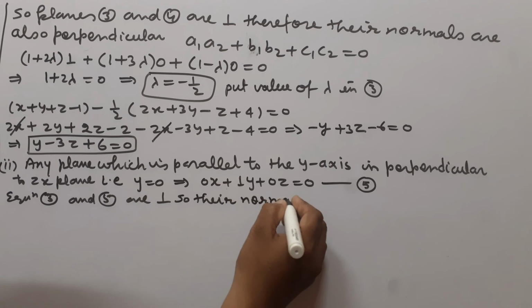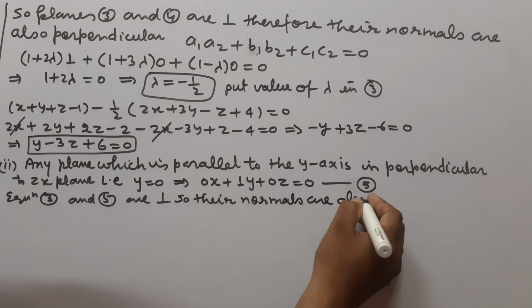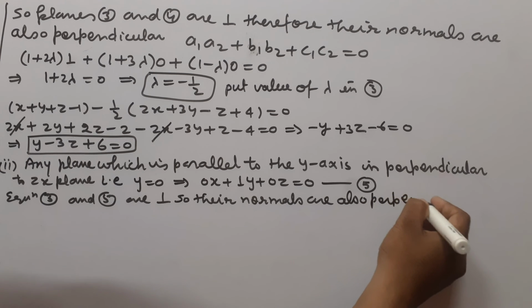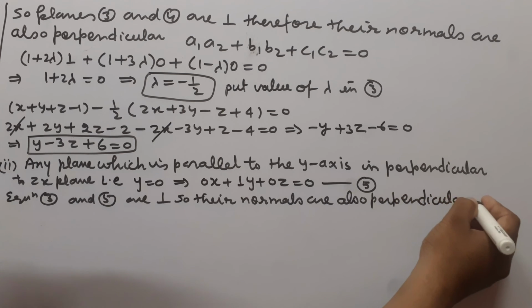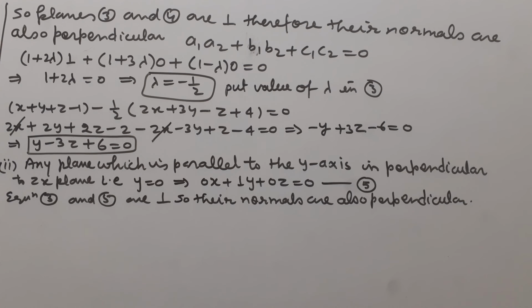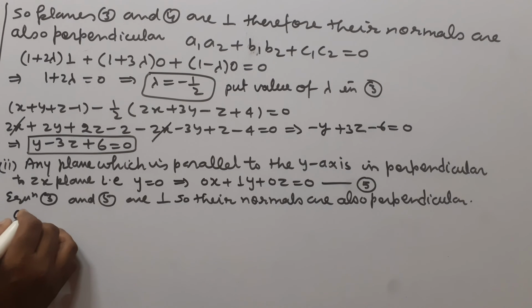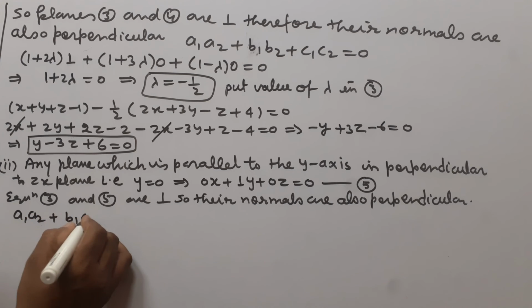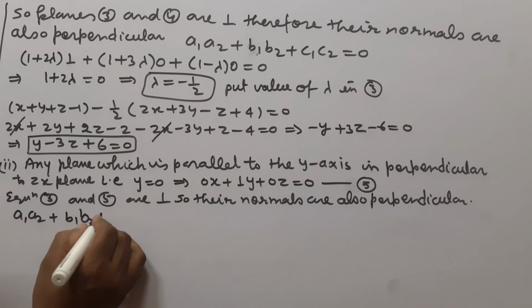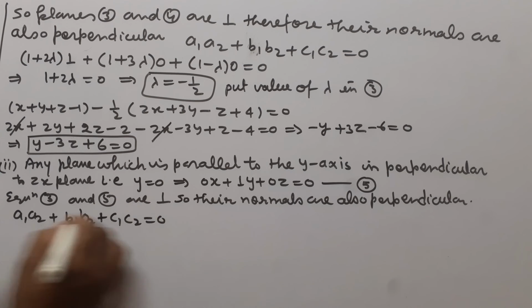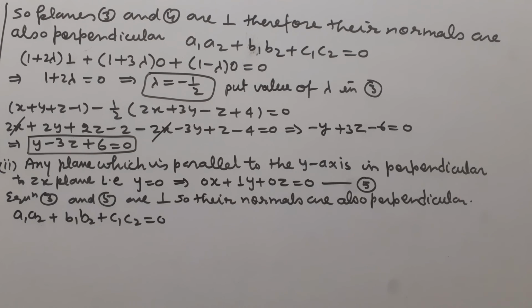so their normals are also perpendicular. Now we use the condition of perpendicularity, that is a1 a2 plus b1 b2 plus c1 c2 equal to 0. This is the condition of perpendicularity where a1 b1 c1 are the direction ratios of the normal to plane 3rd, and a2 b2 c2 are the direction ratios of the normal to plane 5.